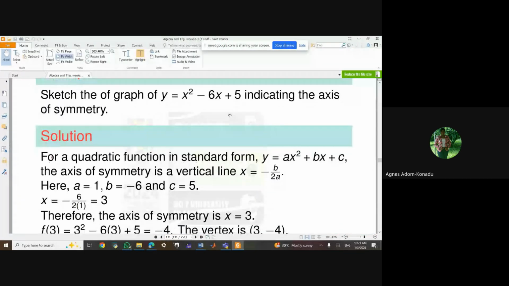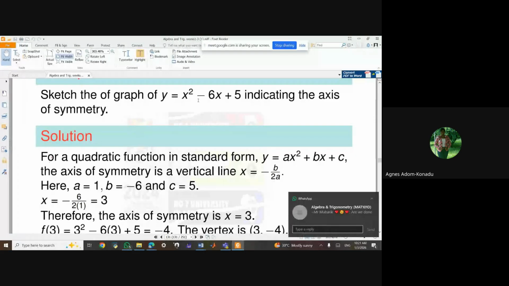Okay, so we are to sketch the graph of y equals x squared minus 6x plus 5. Then we indicate the axis of symmetry. I think we will need the x and y intercepts, the axis of symmetry, and the vertex.